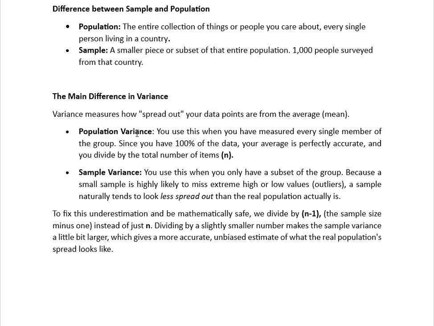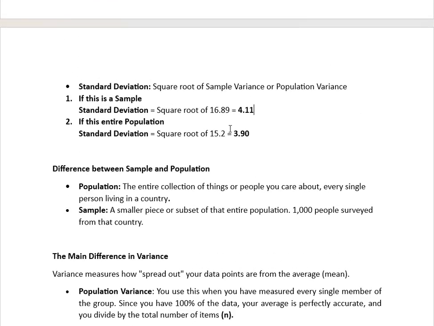Since you have 100% of the data, your average is perfectly accurate and you divide by the total number of terms, which is n. So for population, we have to consider the entire data, which is 100%, and we have to divide by n, which is here.